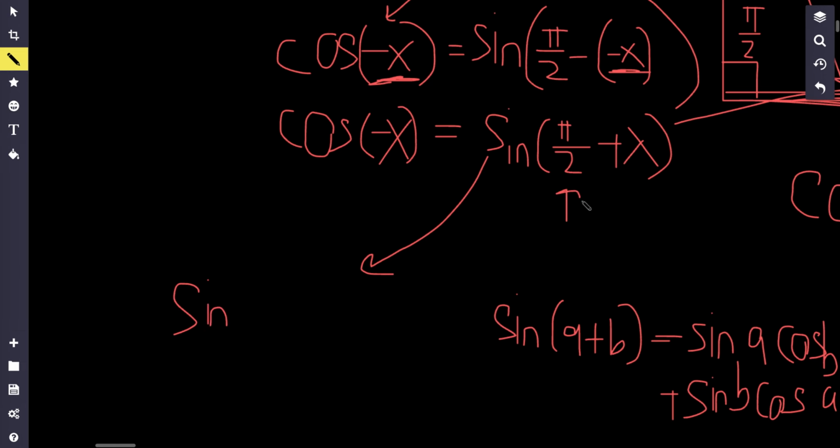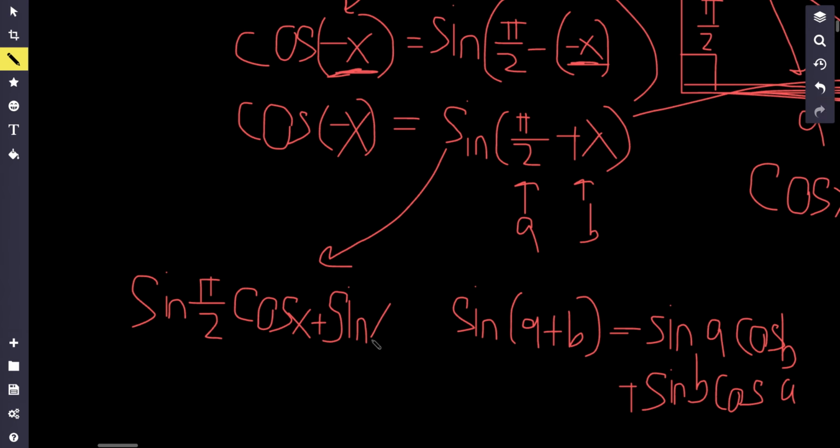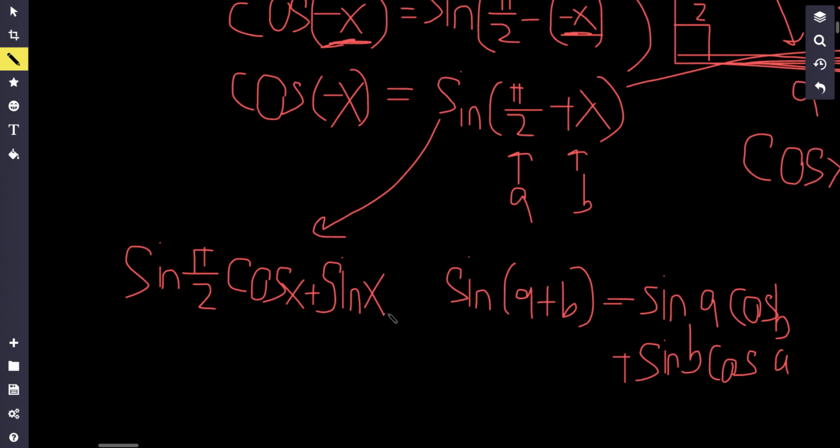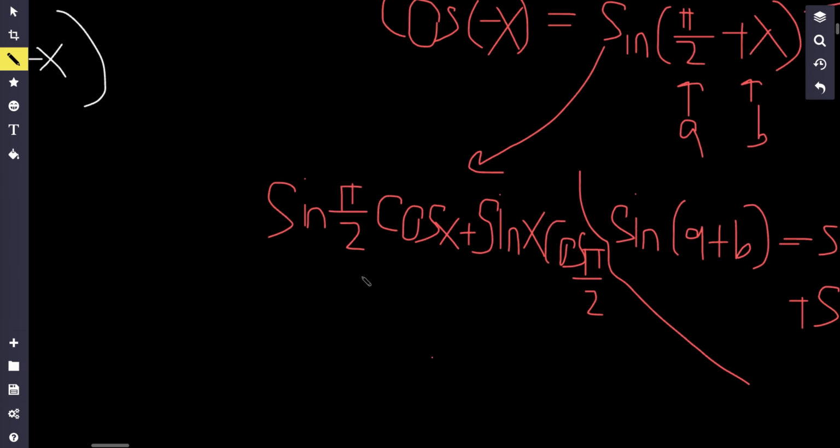If we let a equal pi over 2 and b equal x, it's going to be sine of pi over 2 times cosine of x plus sine of x times cosine of pi over 2.